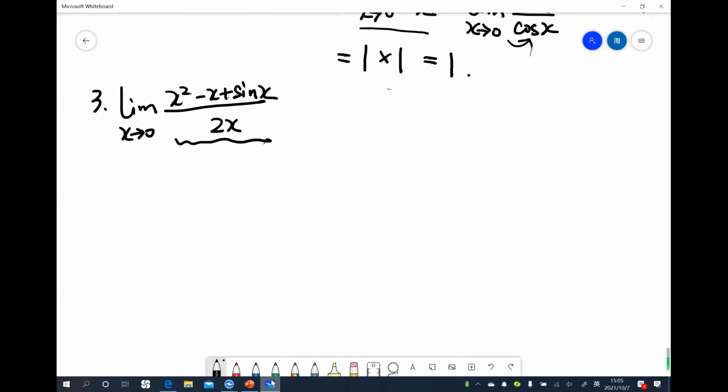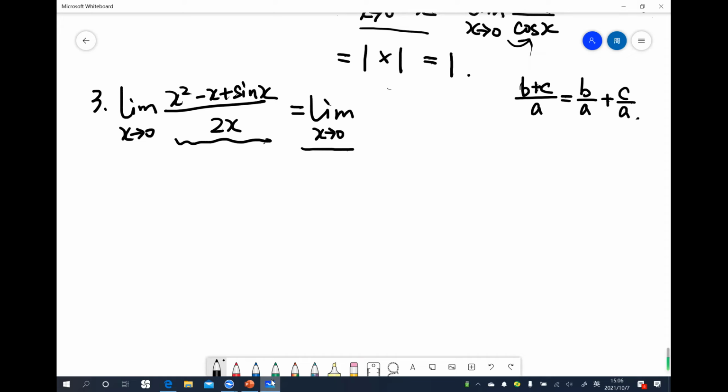You can rewrite the function like here, remember to write the limit larger and x approaches 0 smaller at the bottom. Okay, this is the sign. And then we can rewrite the function part by part, right? Because, for example, b plus c by a can be written as b by a plus c by a.